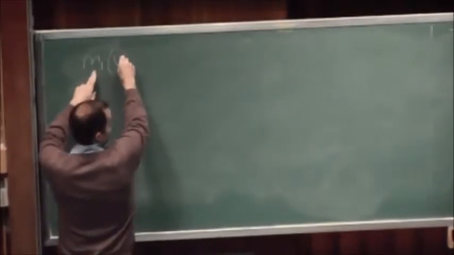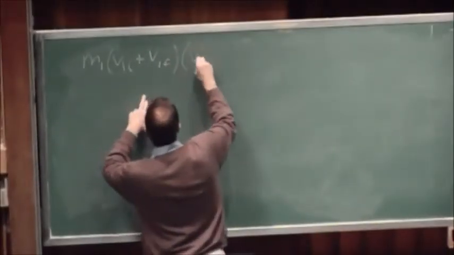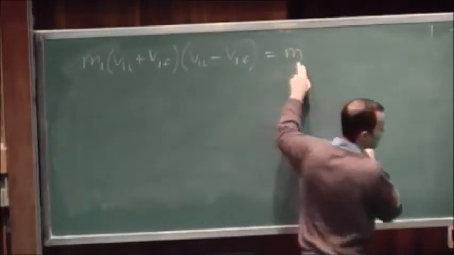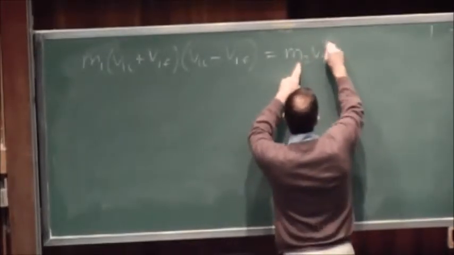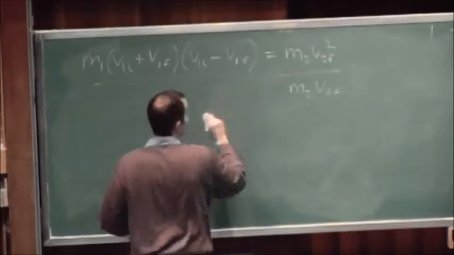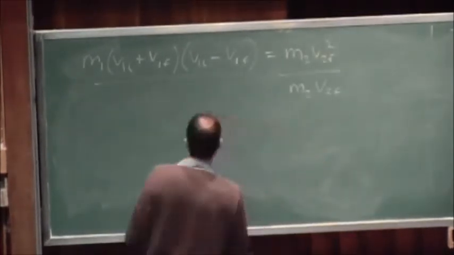I have M1 times V1 initial plus V1 final times V1 initial minus V1 final is equal to M2 V2 final squared. And then I'm going to divide that by M2 V2 final, and divide that by M1 times V1 initial minus V1 final.